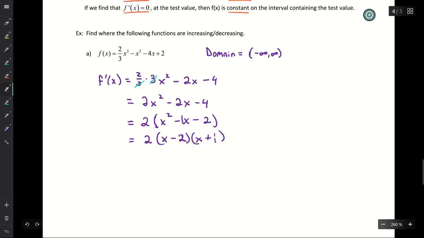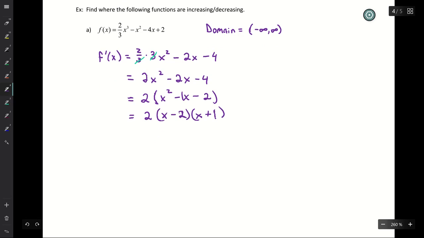All right, now for critical numbers, we're saying where's the derivative 0 and where's the derivative undefined. So if we're doing where's the derivative 0 first, then in this particular problem, that would mean that whole thing would be 0. So 2 times x minus 2, x plus 1 would be 0. The 2 coefficient in the front doesn't have an x value with it, so we can ignore that.